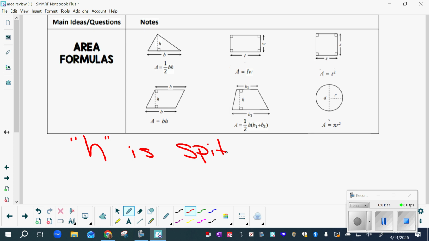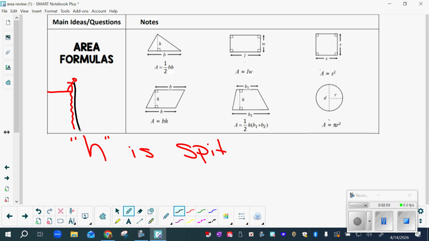If you are standing on a cliff and you apparently are a freshman or sophomore boy, you will be compelled to spit off the edge of the cliff or off the edge of a building. I know you guys. And here's what spit does. Spit goes straight down, right? There's no wind or anything in this example. It goes straight down. So when we're doing height, we want the spit height.